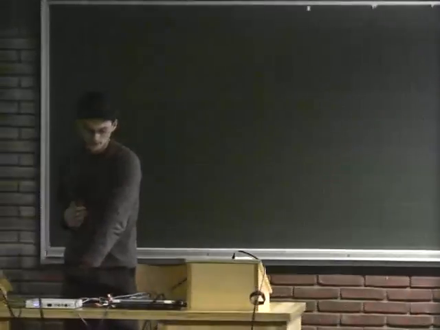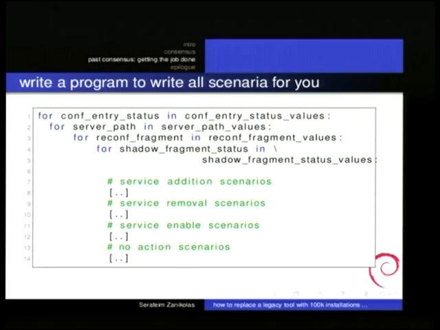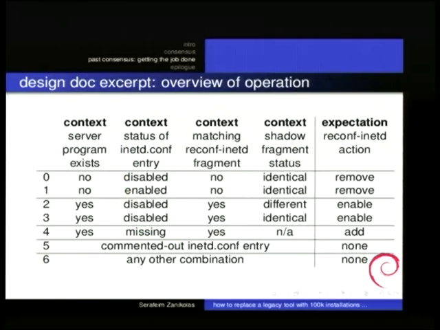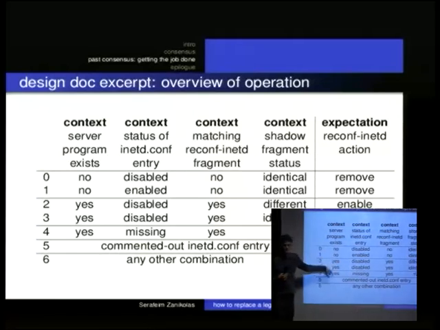So instead of writing it by hand, what we can do is actually write a program that will write the scenarios for us. So what this program does is that it knows the valid values for every context parameter. So if I go back here, this is a context parameter, this is a context parameter, and these are the valid values.